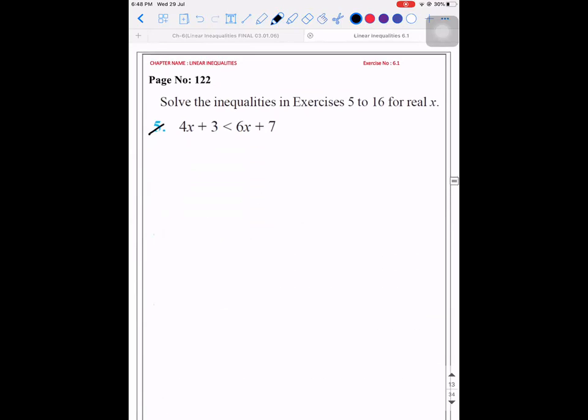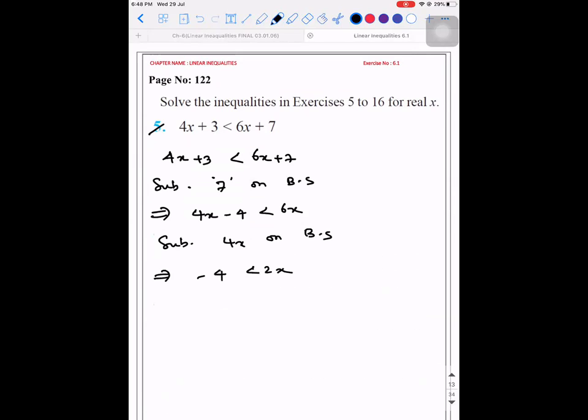Let's try this one. This is also simple only. So 4x plus 3 is less than 6x plus 7. Subtract 7 on both sides, which implies 4x minus 4 is less than 6x. Then subtract 4x on both sides.